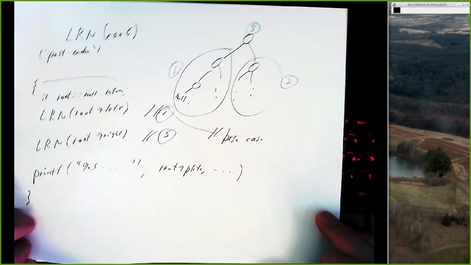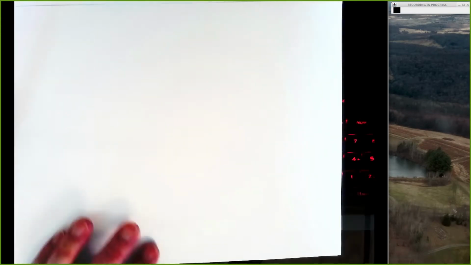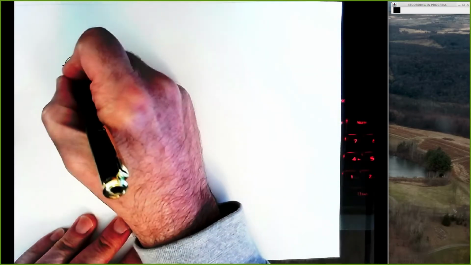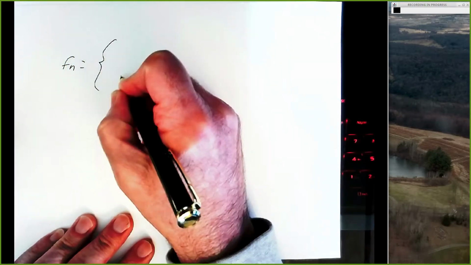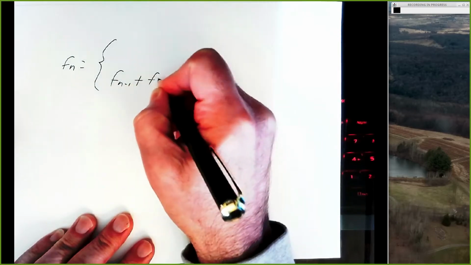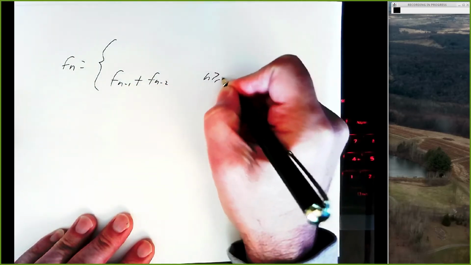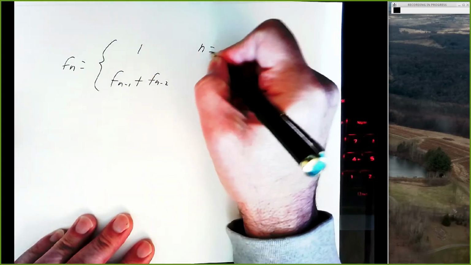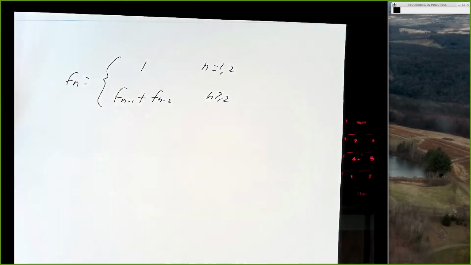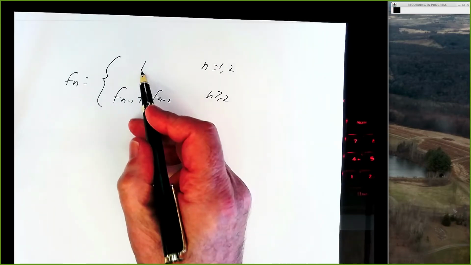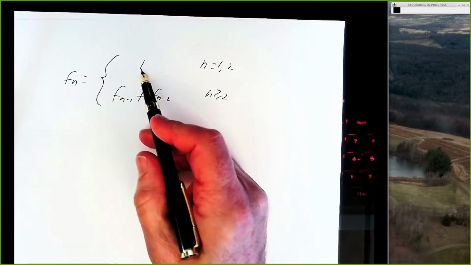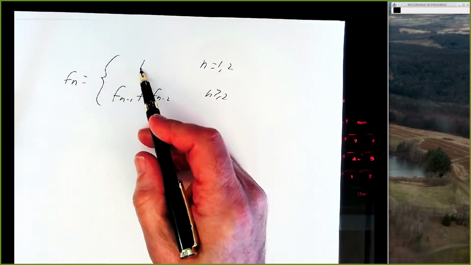Because really what we're doing is, like with Fibonacci numbers, right? When we write a recursive formula for Fibonacci numbers, we're defining two possibilities. If n is 1 or 2, the Fibonacci number is 1.